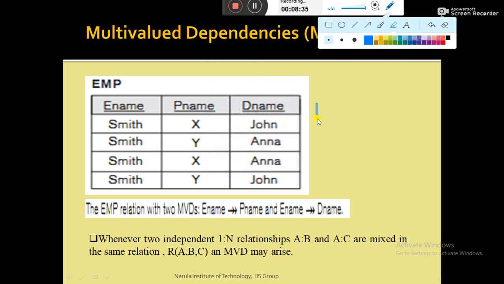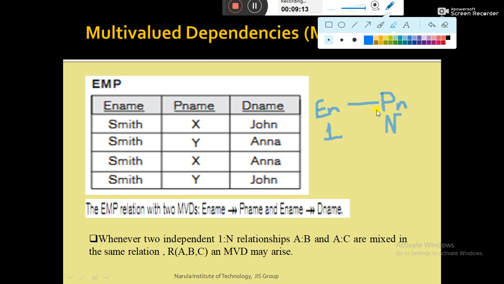Suppose for employee name, ename, I am writing in short en, and pname, in short pn. What is the relationship between en and pn? For a single value of en, we have multiple values of pn, represented in terms of n. For example, if the employee name is Smith, then we have how many pname values? 2. So n may be 2, 3, 4 like that.